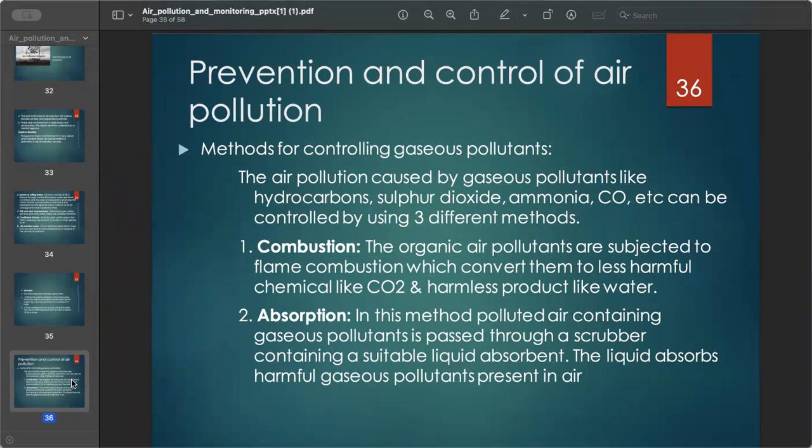Combustion: the organic air pollutants are subjected to flame combustion, which converts them to less harmful chemicals like CO2 and harmless products like water. Absorption: in this method, air containing gaseous pollutants is passed through a scrubber containing a suitable liquid absorbent. The liquid absorbs harmful gaseous pollutants present in air.